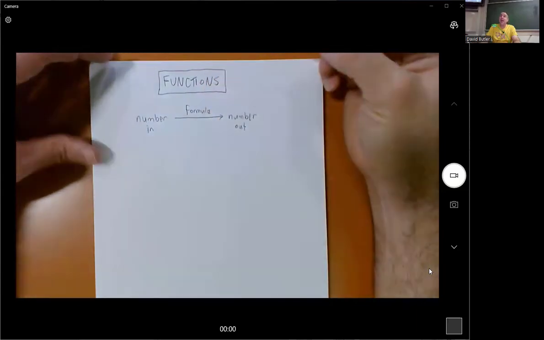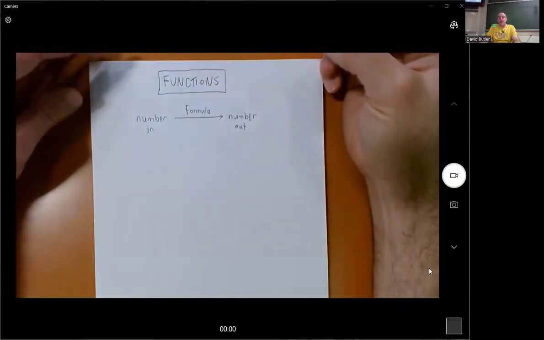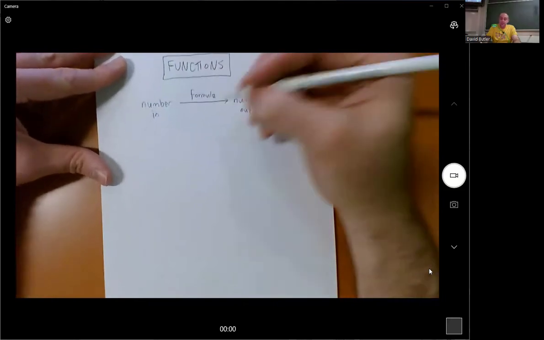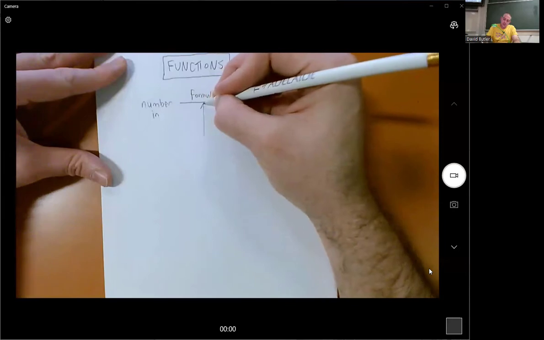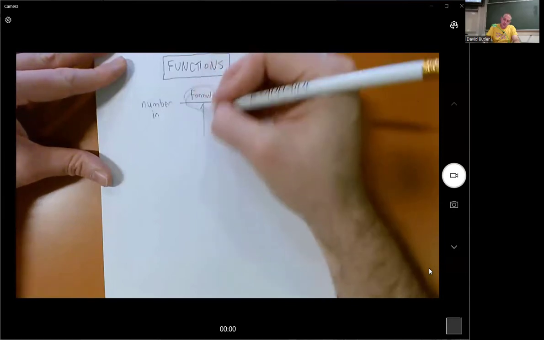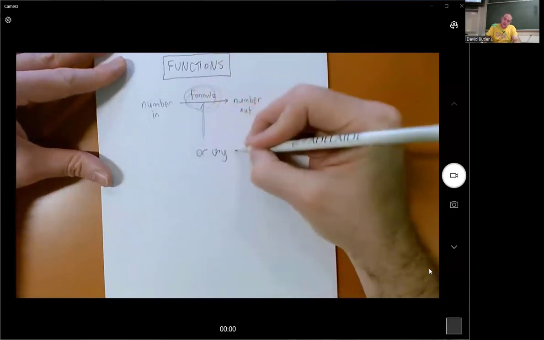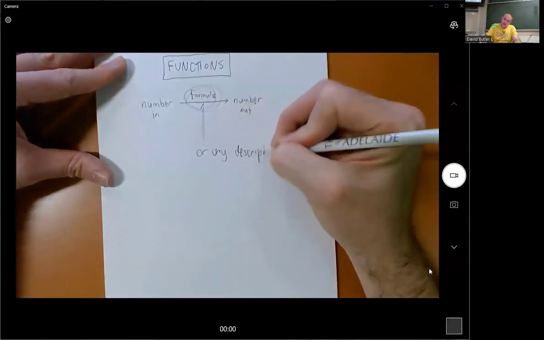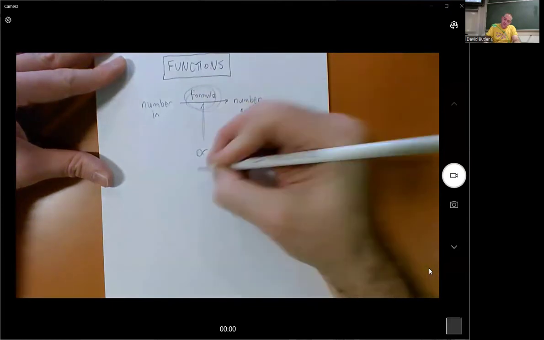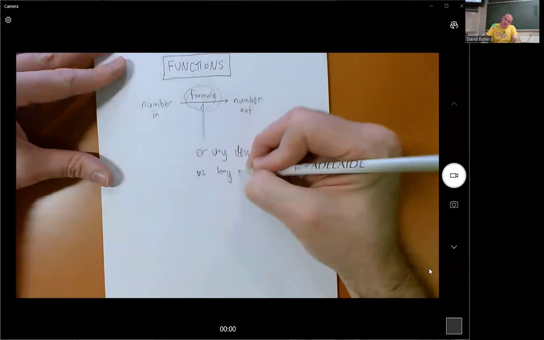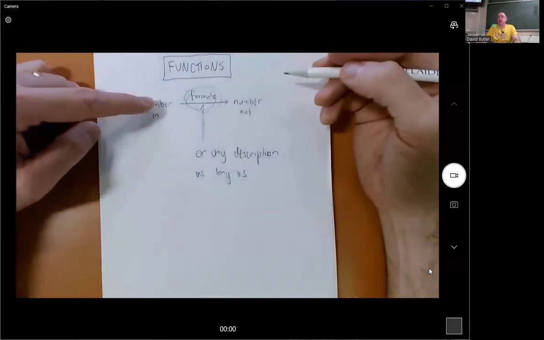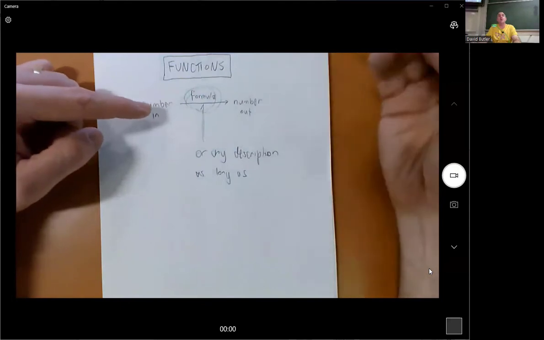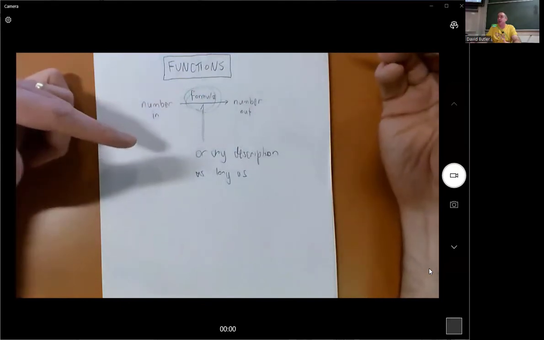It can just be any description you like, as long as when you put the same number in, you always get the same number out. So if you put 3 into the formula, you're always supposed to get the same answer every time you put 3 in.